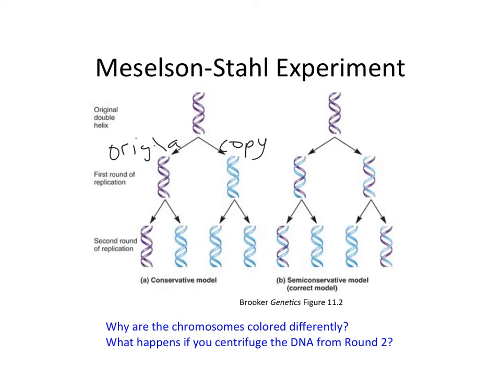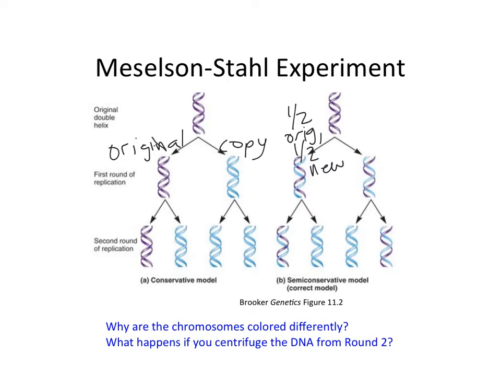And then on the other, the letter B, you're going to have one strand of DNA of the original, and the other strand is a copy. So you have half of it. Half original, half new. So the conservative model says you take a double helix.